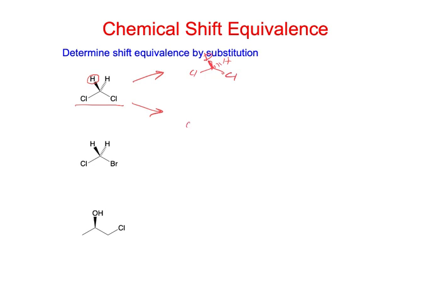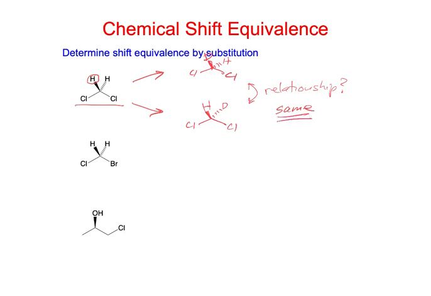Then we do the same thing to the opposite position. So now the deuterium is in back, hydrogen is in front, and we'd ask ourselves, what is the relationship between these two? They're the same, right?